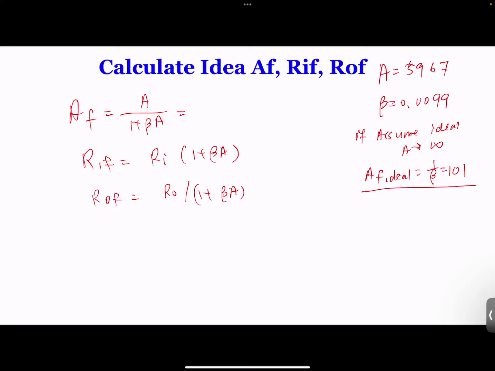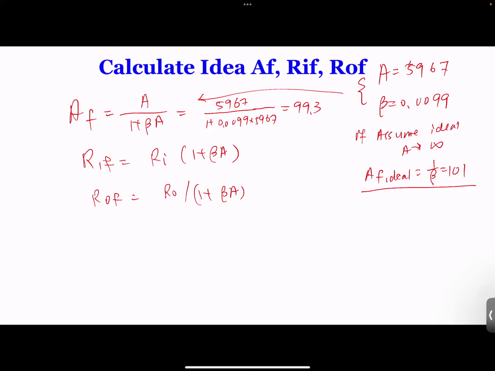But if we plug in all these numbers to here, we get A equal 559.67 divided by 1 plus 0.0099 times 559.67. We got roughly 99.3.